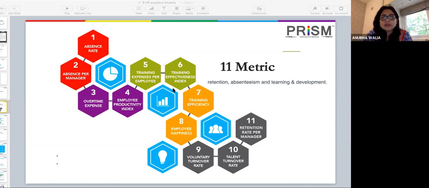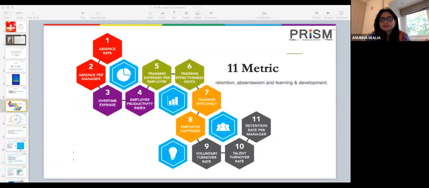The HR metrics actually provide a very quick overview of HR effectiveness, and we can use the KPIs, that is key performance indicators. So these key metrics, when we're talking about absenteeism, retention or L&D, let's figure it out.